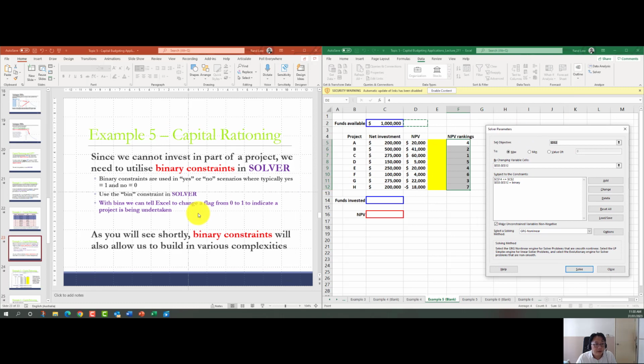Binary constraints are used in yes or no scenarios, where typically yes is a 1 and no equals a 0, and we use the bin constraint in Solver. Binning allows us to inform Excel to change the flag from 0 to 1 to indicate a project is being taken. Binary constraints allow us to build in various complexities.